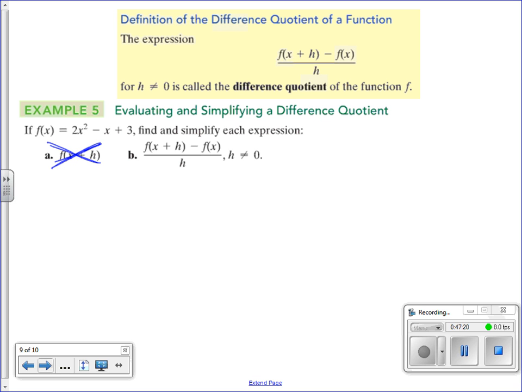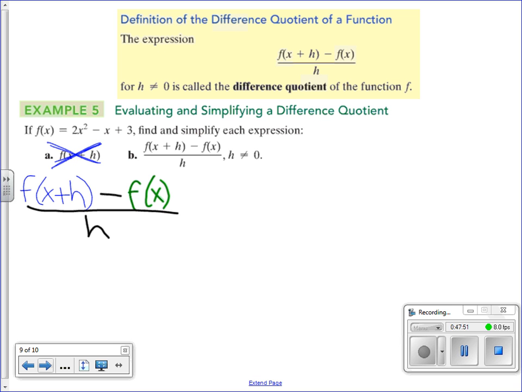We also know how to do the opposite of a function, when you change the sign of every term. Okay, what we're going to do here is find f of x plus h. Then we're going to take the opposite of the original function. And all of that will be divided by h.